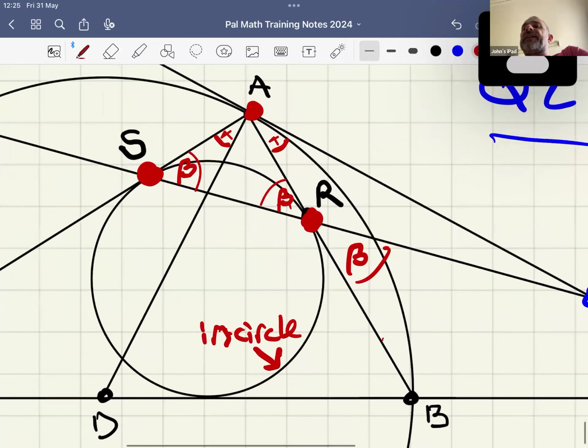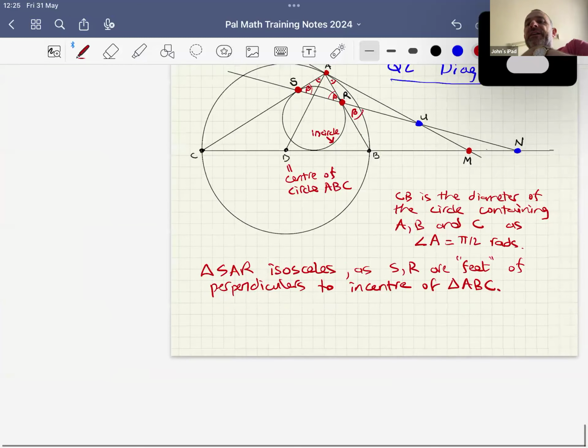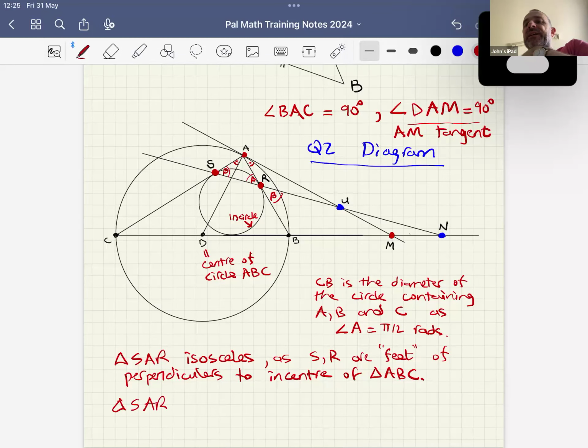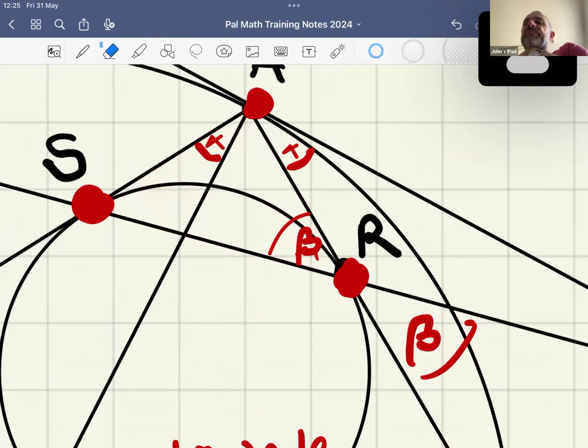Oh, there's another thing as well, which is important, is that triangle SAR is right angled and isosceles. So that tells me that beta is actually pi over 4 or 45 degrees. Okay, so let's get rid of beta and put in 45 degrees. Or maybe I shouldn't do that, but anyway, this is pi over 4 and pi over 4.